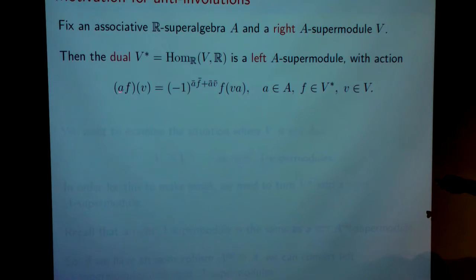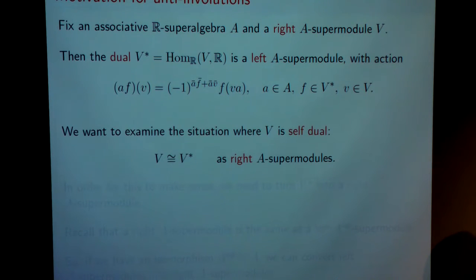We act on some function on the left by this, so it corresponds to acting on the right here by multiplication by A with the usual sign, because A has moved past a couple things here, but that becomes a left action.